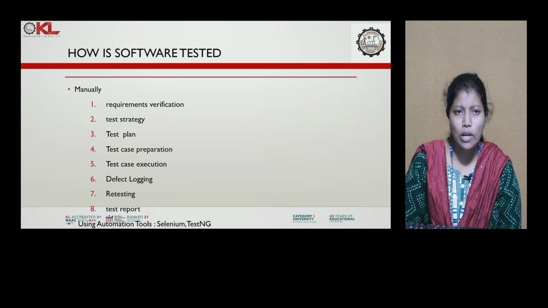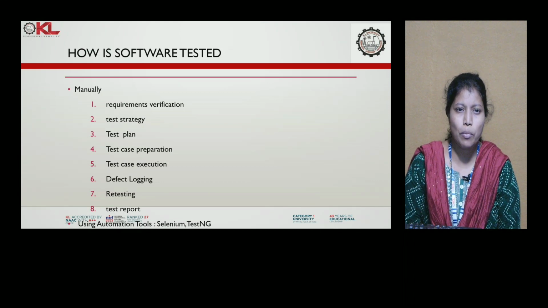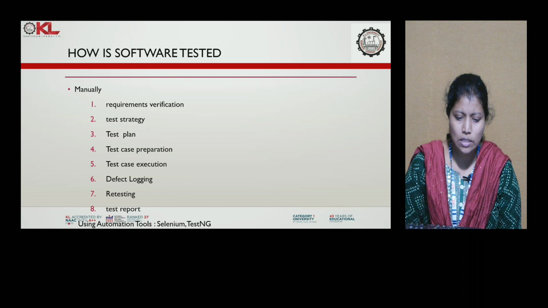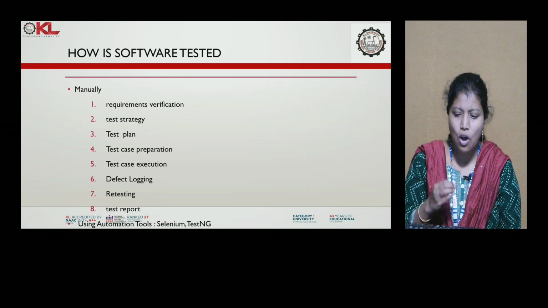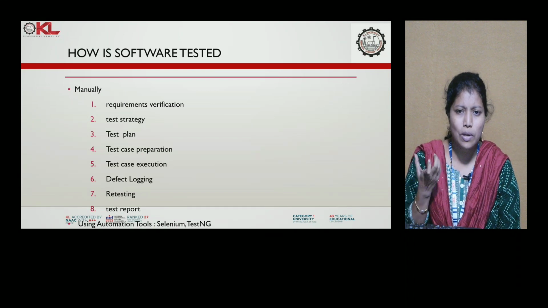What are the manual test cases? The first one is requirement verification. Just think that suppose I started with one code, and I want to check it. The first one is requirements verification. Suppose I'm writing a simple a plus b code for addition of two numbers. What is the requirement verification?